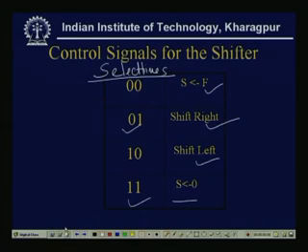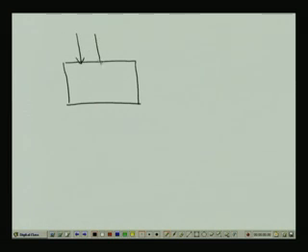Now, in real life practice, many other different types of shifters are possible. Actually, a barrel shifter we can design like that, or we can define it, say, if there are 4 inputs and 4 outputs.